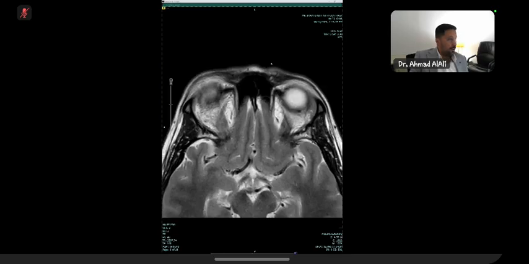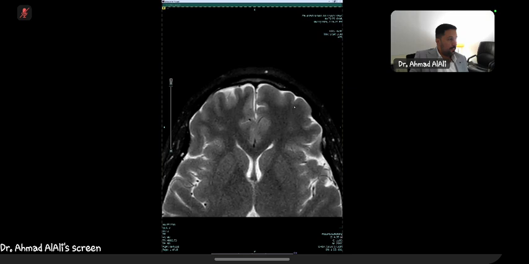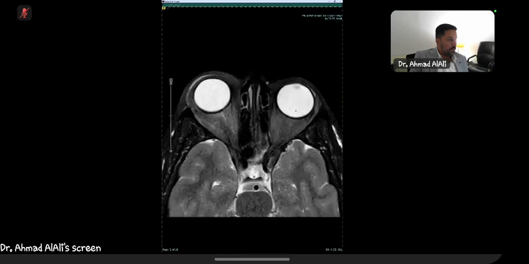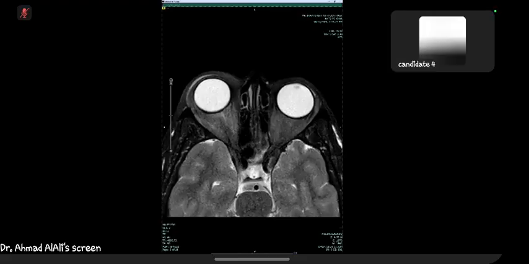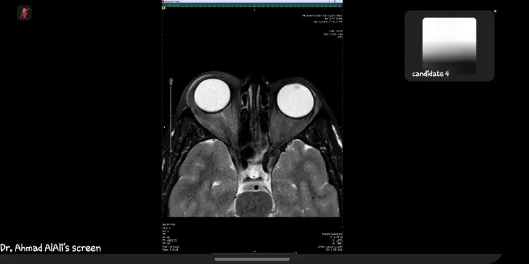Please allow me to help you with these images. Let me show you more images. These are the fat suppressed images at the same level. What do you think? So as I'm scrolling, I can see that the fat appears slightly heterogeneously hyperintense in the right globe and the right orbit as compared to the left side.